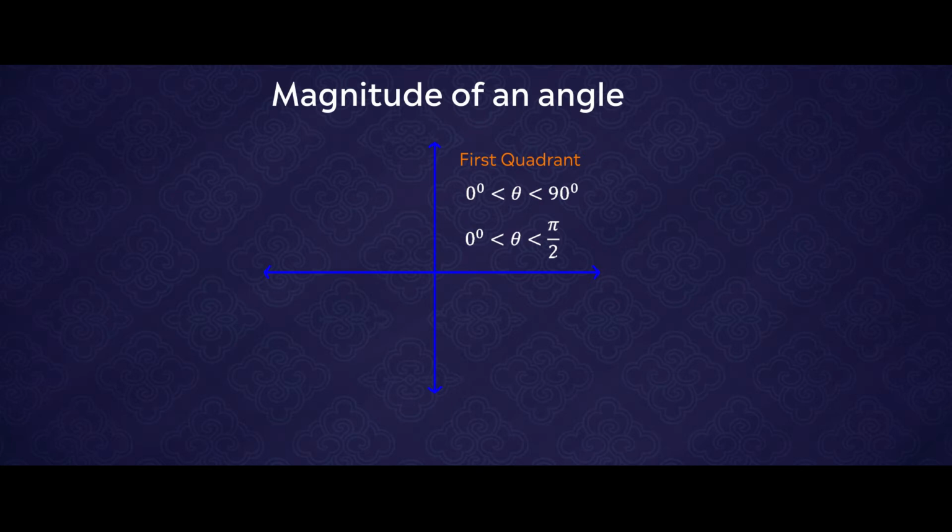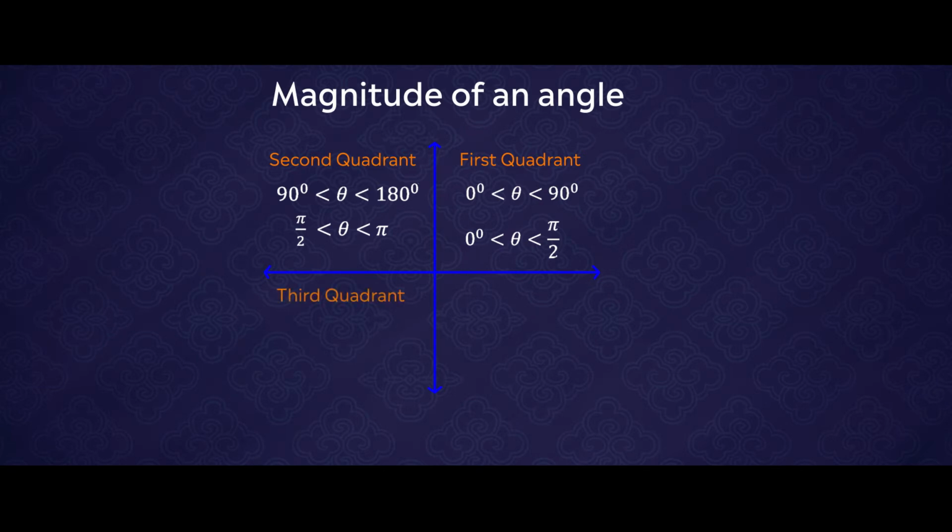So these are the angles that are measured in the first quadrant. In the second quadrant, the magnitude of angle is between 90 degree to 180 degree. In radian, it will be pi divided by 2 to pi. So 180 is equal to pi.